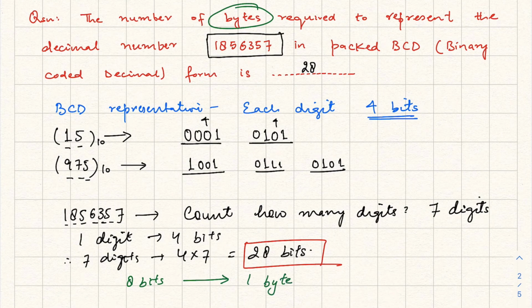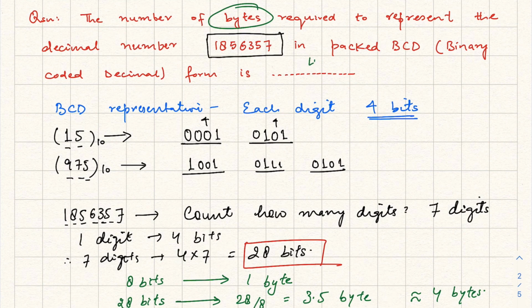So what about 28 bits? It will be 28 by 8, which is around 3.5, but we won't take half a byte, so it is equal to 4 bytes. So the answer of this question is 4 bytes. The numerical answer is 4.